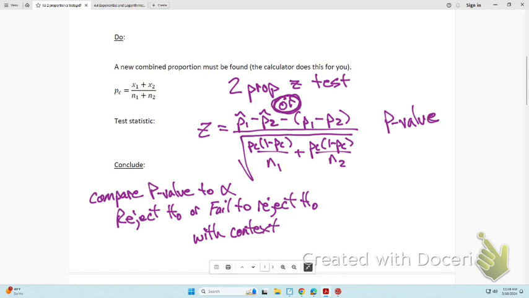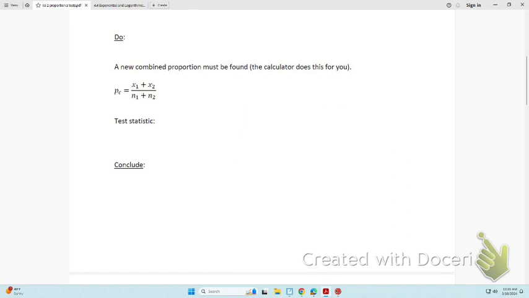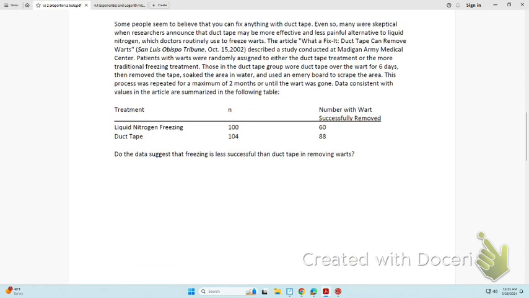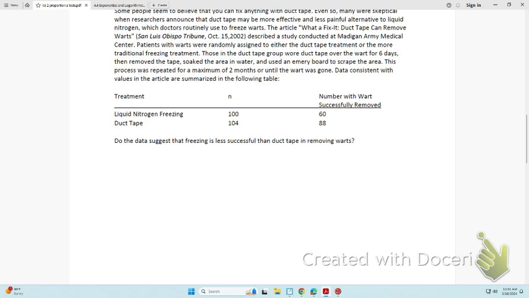All right, let's give one a try. It's about warts. Kind of fun, right? All right, maybe hit pause and skim through it. So we have a bunch of patients with warts. This group at the Madigan Army Medical Center is trying out liquid nitrogen freezing versus duct tape. And there was some article written, a real article written about duct tape and how it can remove warts.